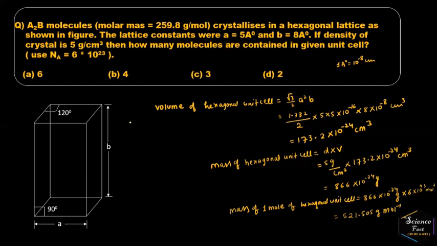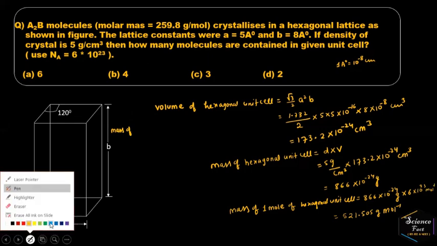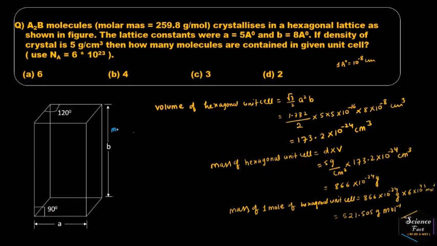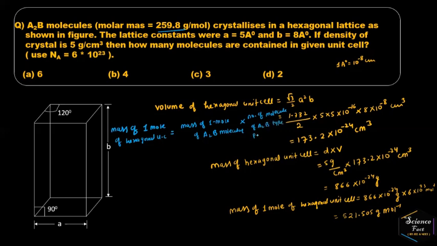It means we can write that the mass of 1 mole of hexagonal unit cell should be equal to the mass of 1 mole of A2B molecule, that is nothing but the molar mass which is given here, into the number of molecules of A2B type present in the unit cell.